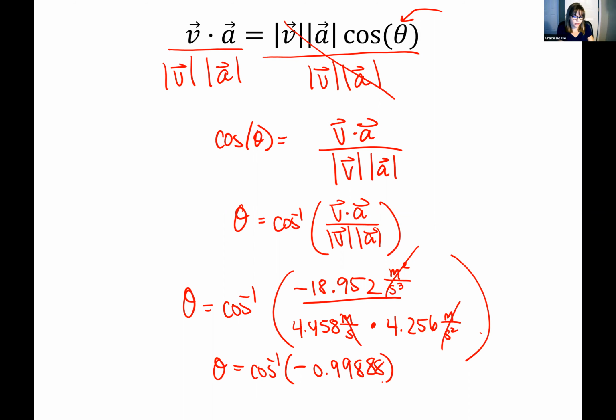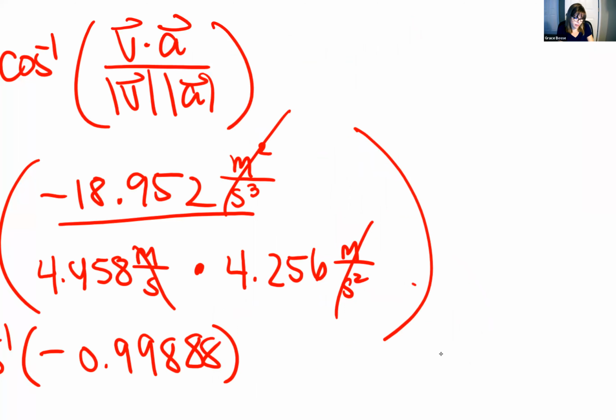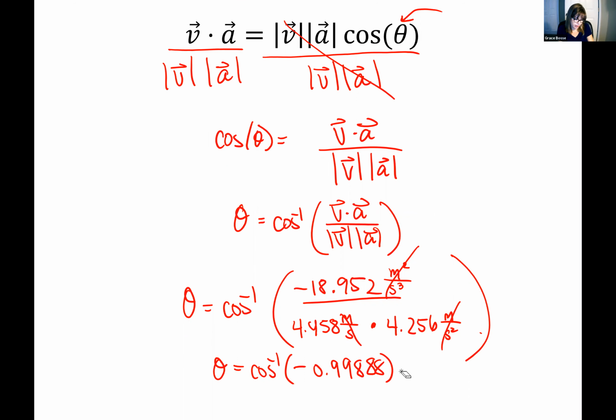When you take the inverse cosine of that answer, theta is 177.3 degrees. So these vectors were almost anti-parallel with each other. That angle is very close to 180, so these vectors were almost completely opposite from each other. And that's my final answer. That's how I got the angle between those two vectors without even seeing them. I know at least what the angle between them is.